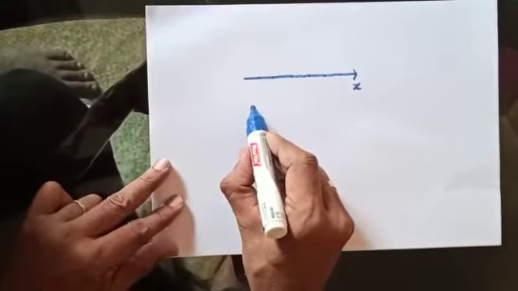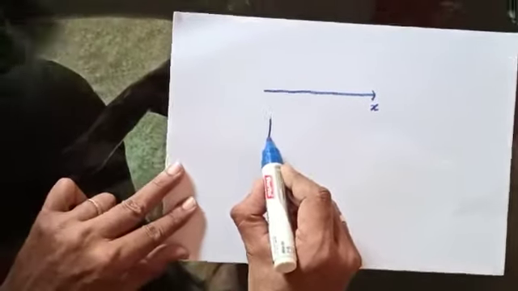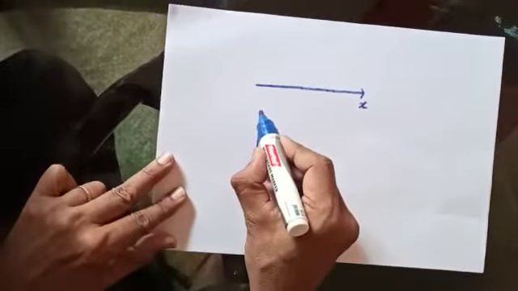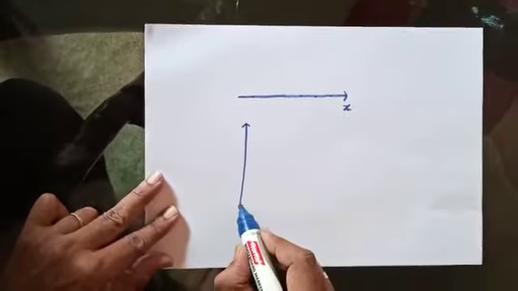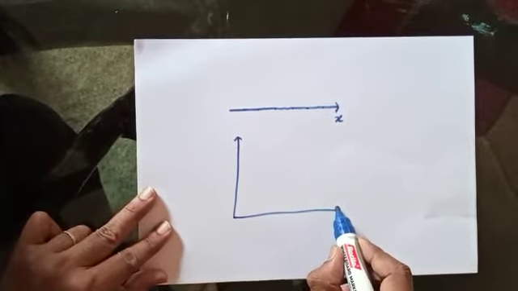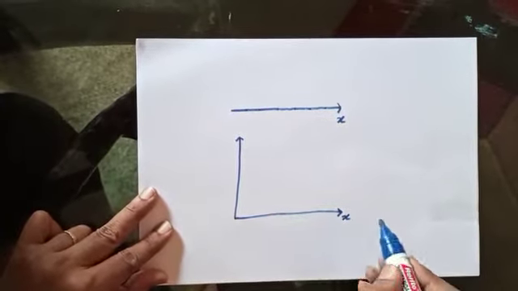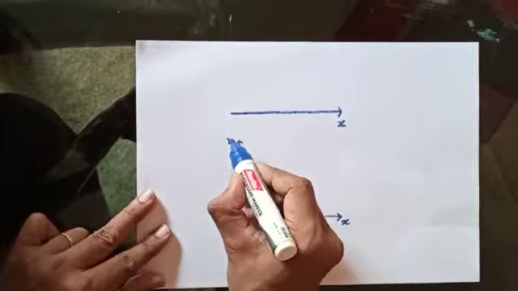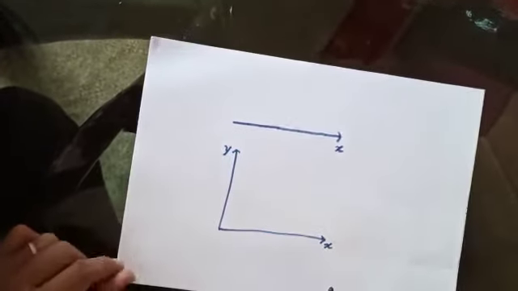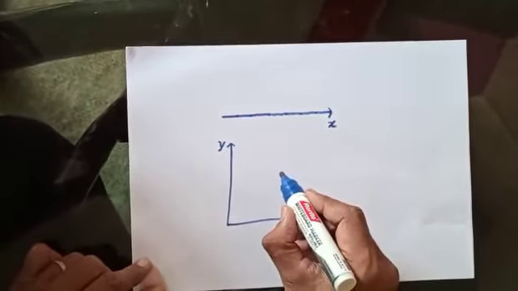Now I want to describe two dimensions. It means a point that moves along the x-axis. This is the x-axis, and here we have the y-axis. I want to recognize this particular point.